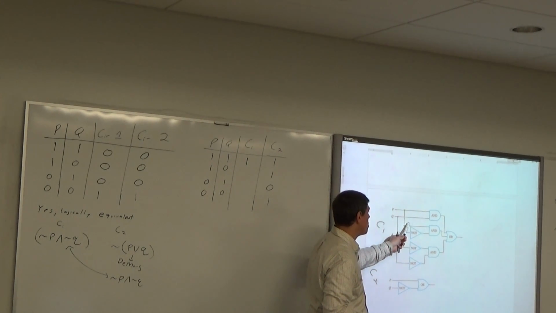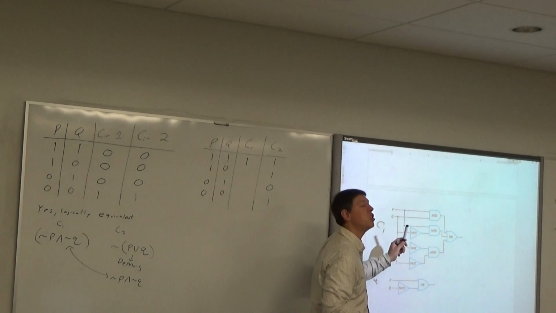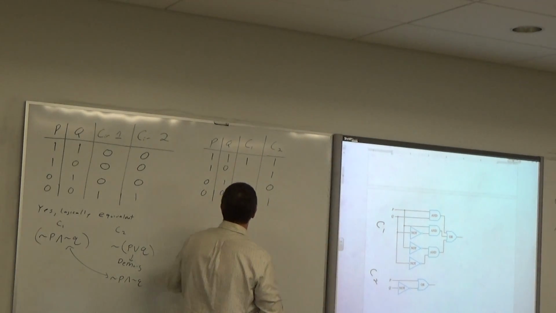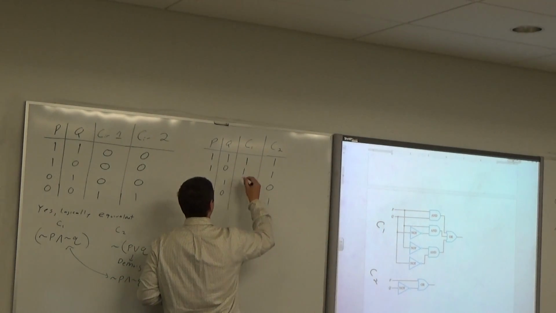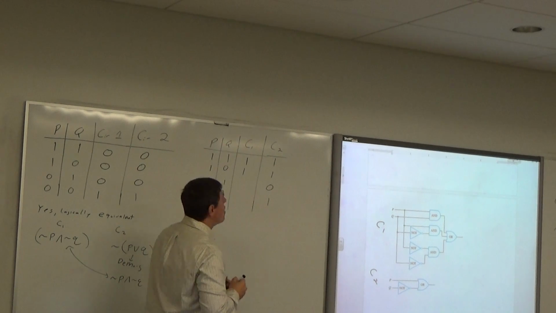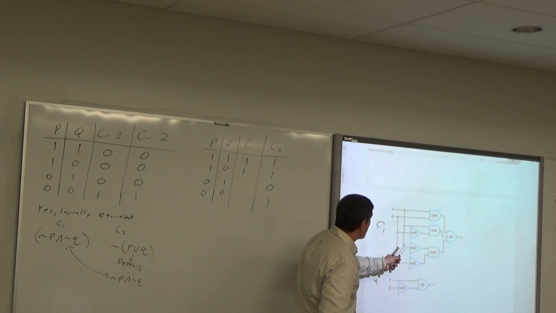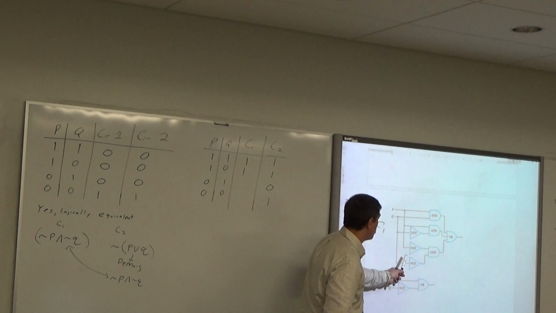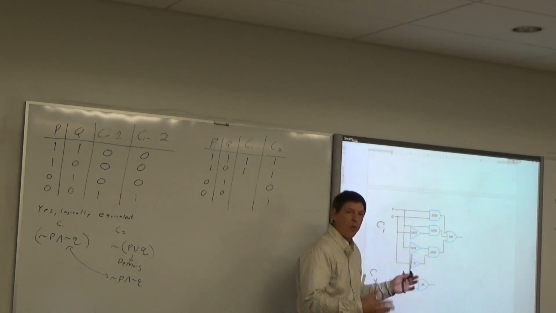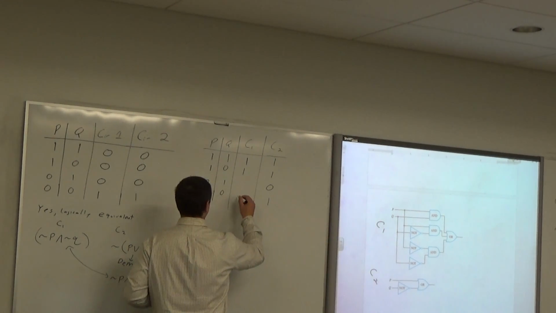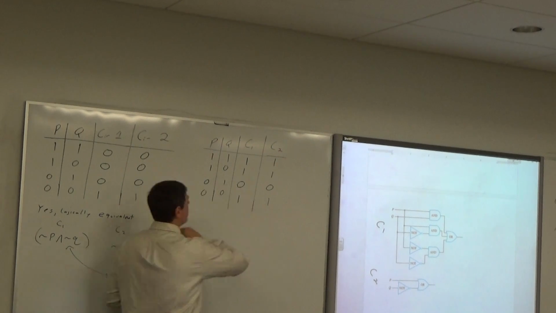When the first one's a 1 and the second one is a 0. Doesn't that make sense, guys? So 1, 0 gives us a 1. And then finally, what's the only time that this last component is going to be true? Both are zeros, right? And then that by default means 0.